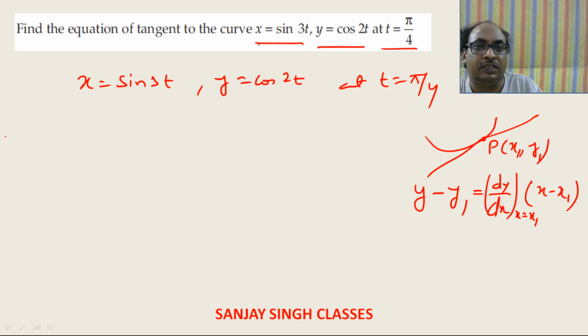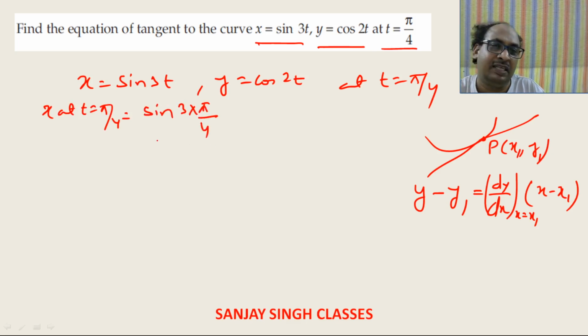So let us first find out x at t equal to pi by 4. Sine 3 into pi by 4 gives us sine 3 pi by 4, which means sine of pi minus pi by 4.